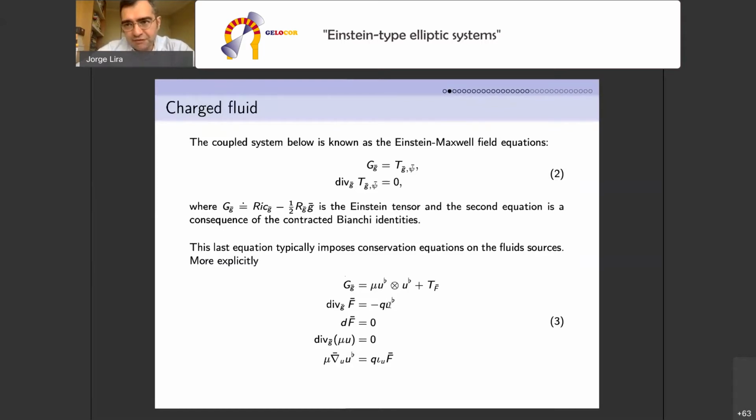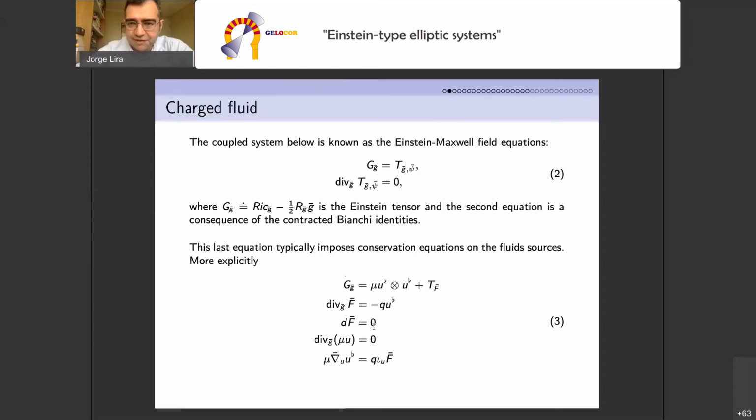The second and third equations correspond to the Maxwell equations in that context. You can read the fourth equation as a kind of local conservation of mass. This is a consequence of the fact that both sides of the Einstein equation are divergence free.